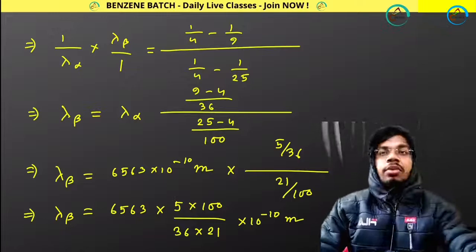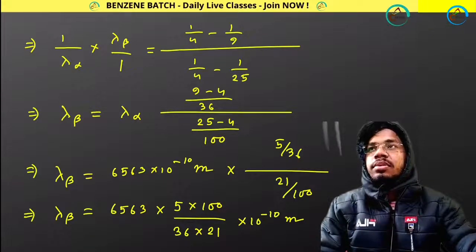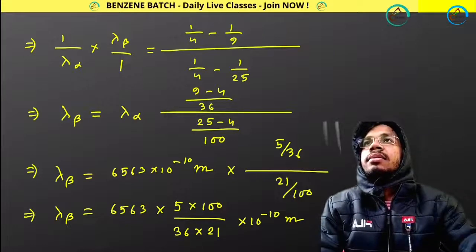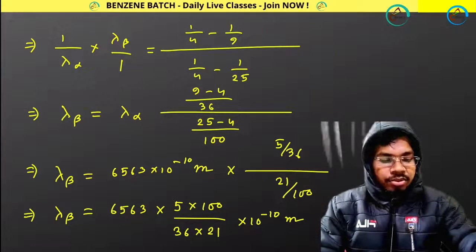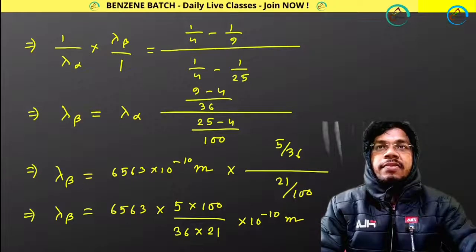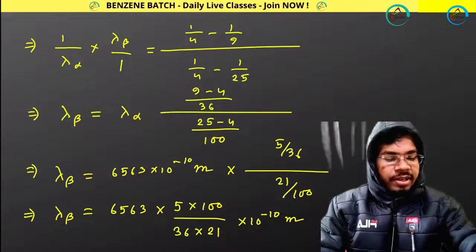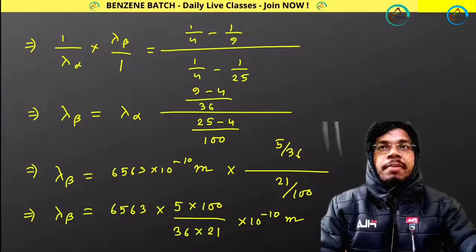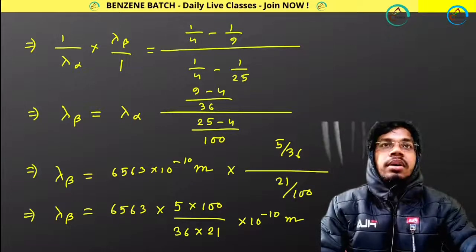Now if I do the calculation, give me 30 seconds so that I can calculate. So, 6563 multiplied by 5 multiplied by 100, divided by 36, divided by 21.